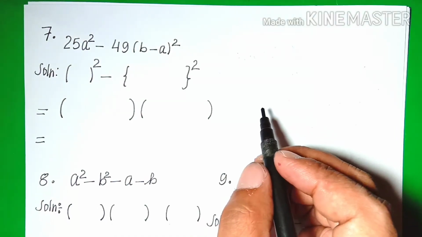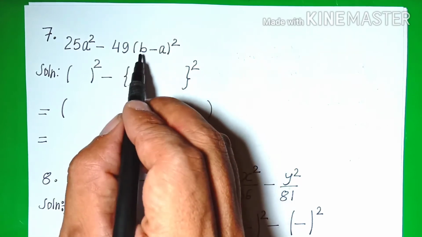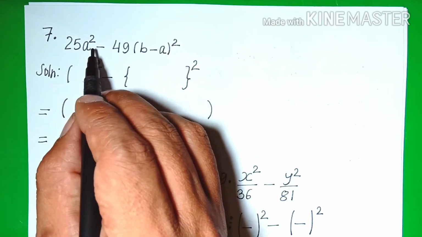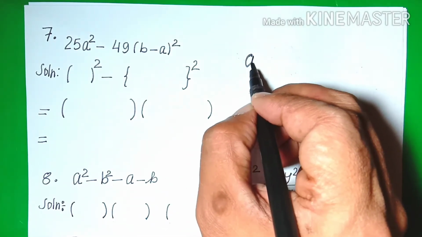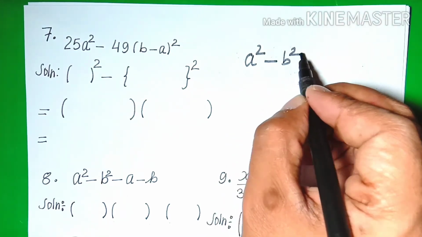Next one here, 25a square minus 49 within the bracket b minus a the whole square. First get it in the form of a square minus b square. First you'll have to convert this into a square minus b square.